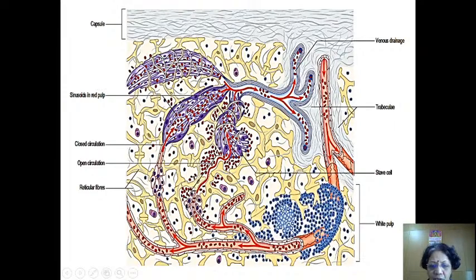It looks like a lymphoid follicle, and as the blood flows through it and gives branches, it seems to be surrounded by a periarterial lymphoid sheath. Remember, PALS, and then it reconstitutes back into a venule and goes back into the venous drainage. So this is the idea of closed circulation of spleen.